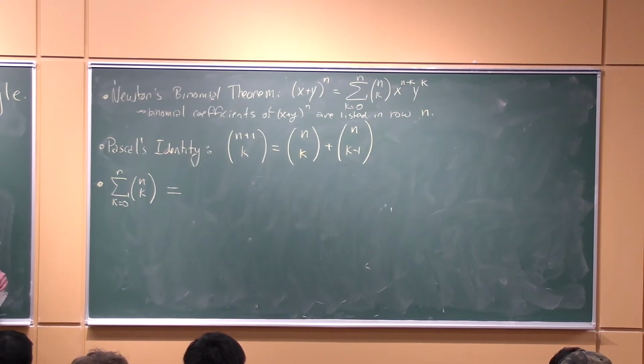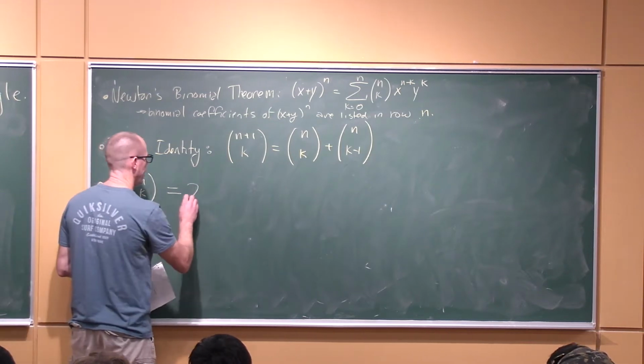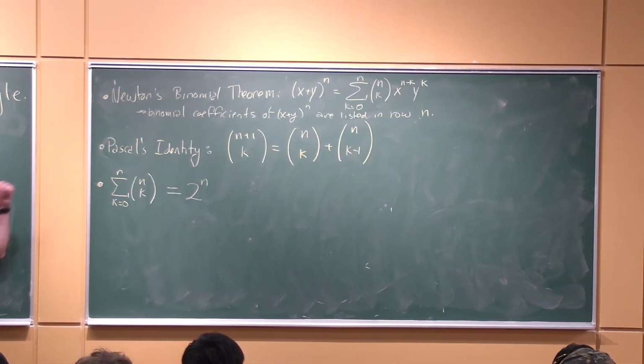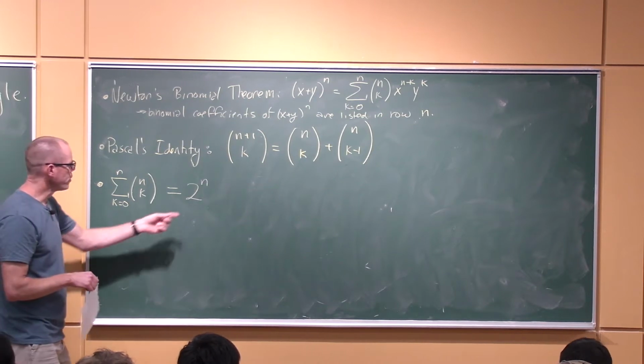Yep. It's 2^n. Because at the end of this process, I've counted every possible subset of an n-element set, and those we saw are 2^n.